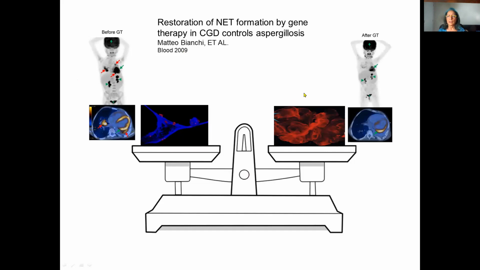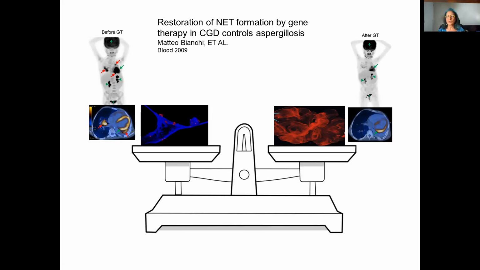And then they did a gene therapy, where they transfected one of the components of NADPH oxidase into this patient. This was a chronic granulomatous disease patient. So they did the gene therapy, and they restored the ability of neutrophils to produce NETs.